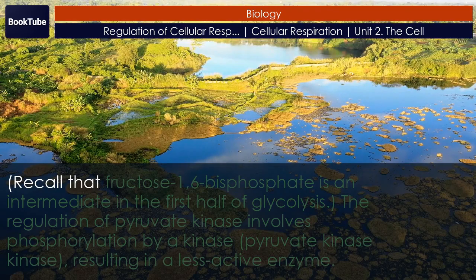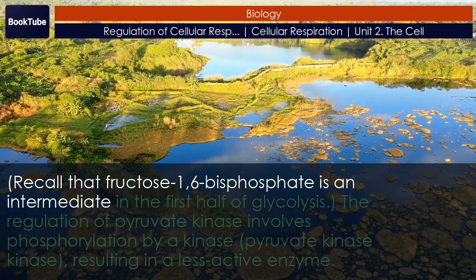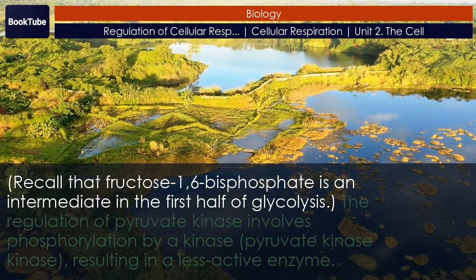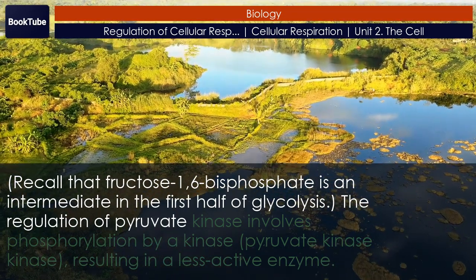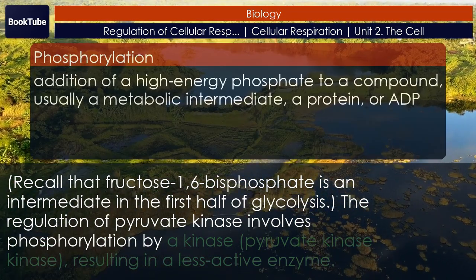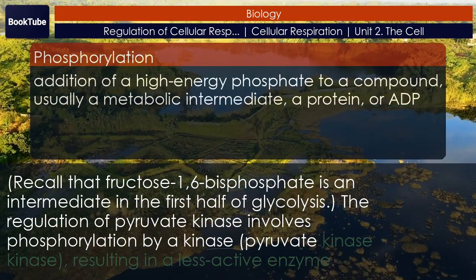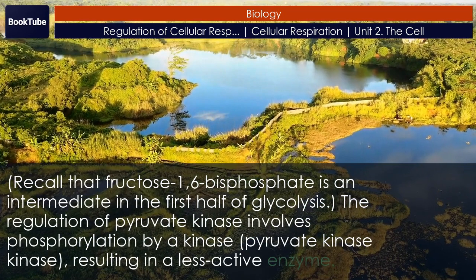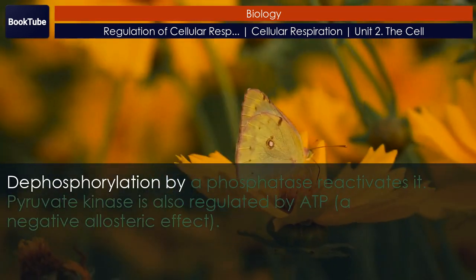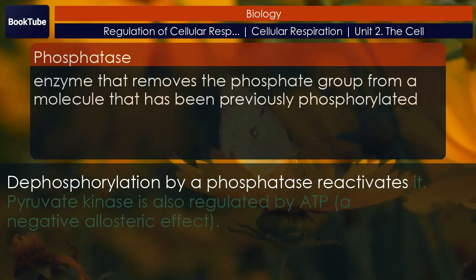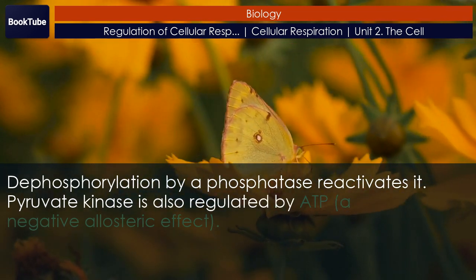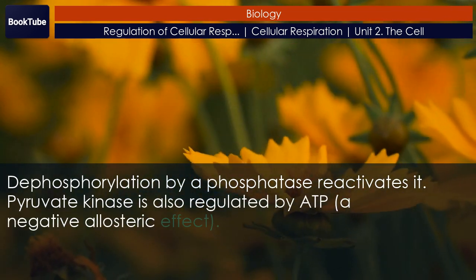Recall that fructose 1,6-bisphosphate is an intermediate in the first half of glycolysis. The regulation of pyruvate kinase involves phosphorylation by a kinase, resulting in a less active enzyme. Dephosphorylation by a phosphatase reactivates it. Pyruvate kinase is also regulated by ATP, a negative allosteric effect.